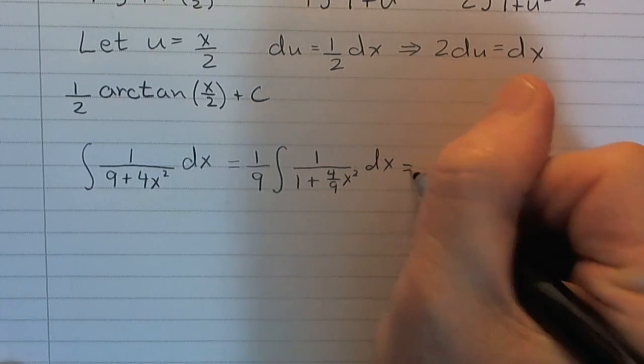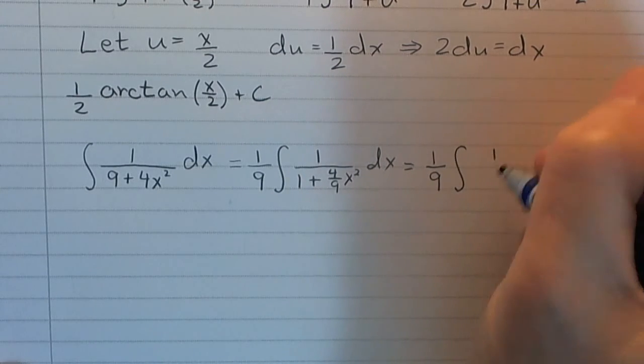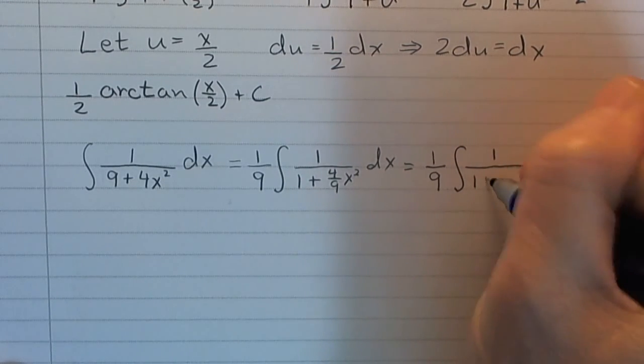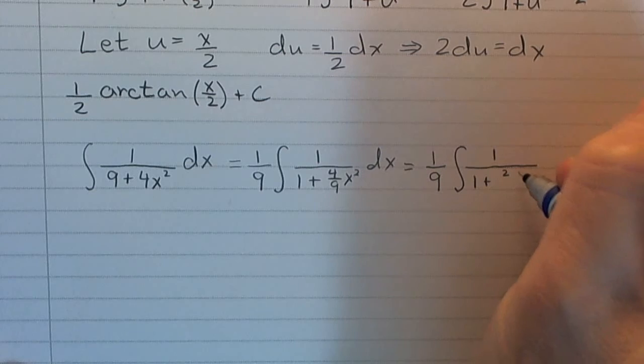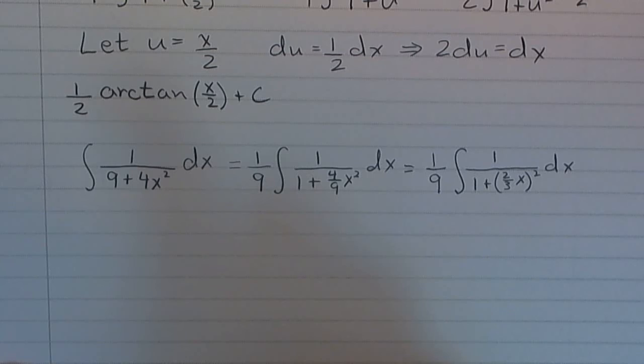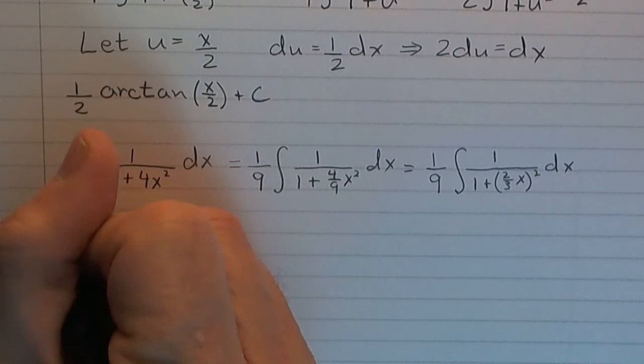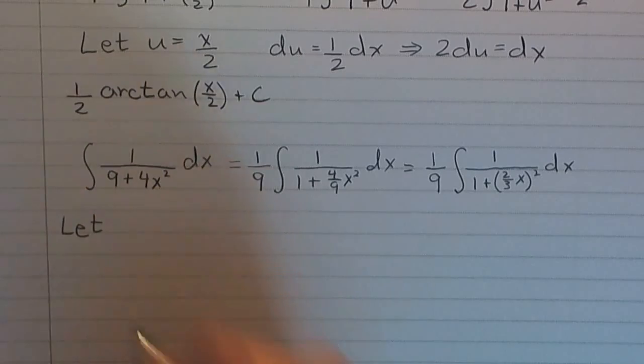Now I've got a 1 there. I feel better. So now let's see what we've got. We've got 1/9, and now up here 1, and down here 1 plus (2/3 x) squared. So now I write this as just one thing squared. And then I can apply the substitution.